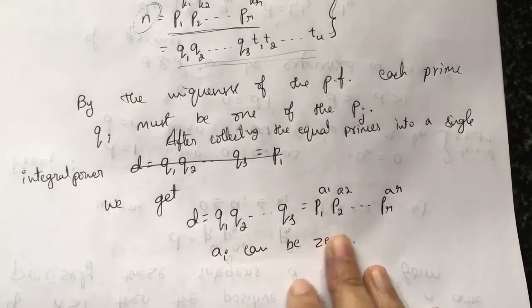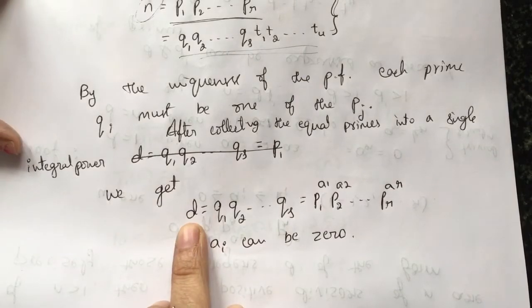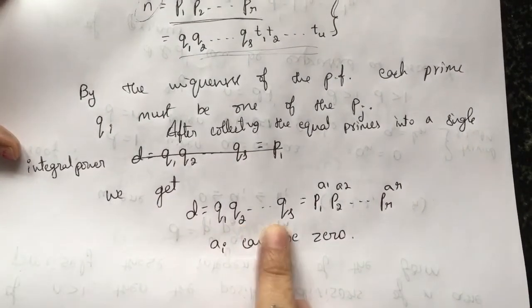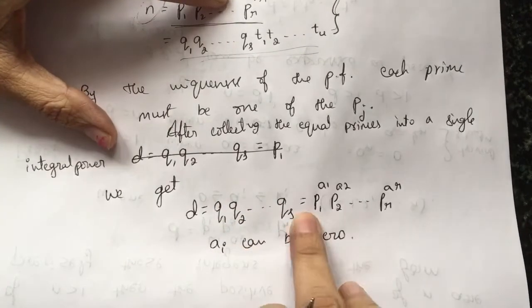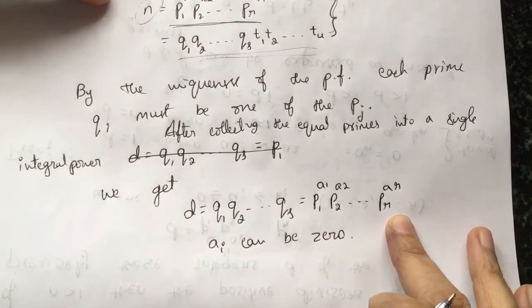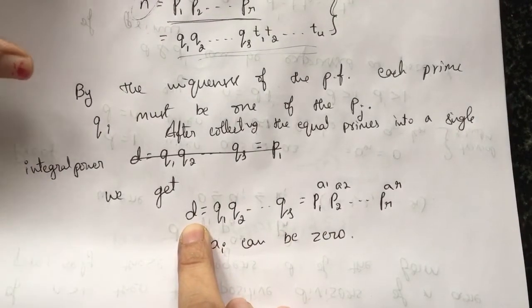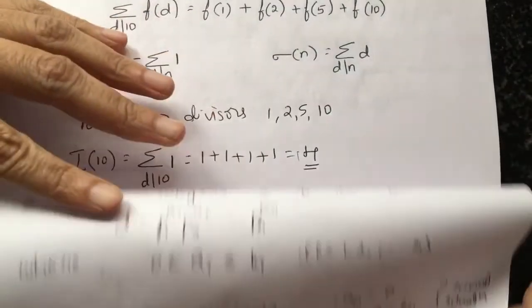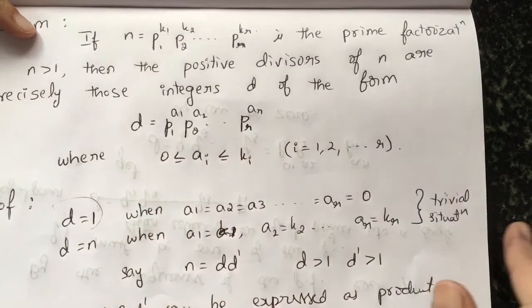When I take them together, d is nothing but q1 into q2 and so on, which in turn is equal to some powers of these primes. So I can write it like this. That is what we have to prove: any divisor d of n can be written in this form, as a product of primes.